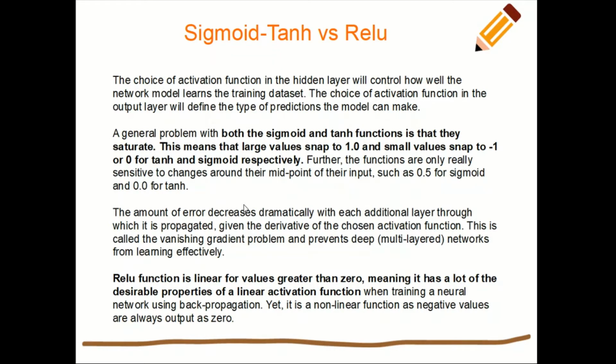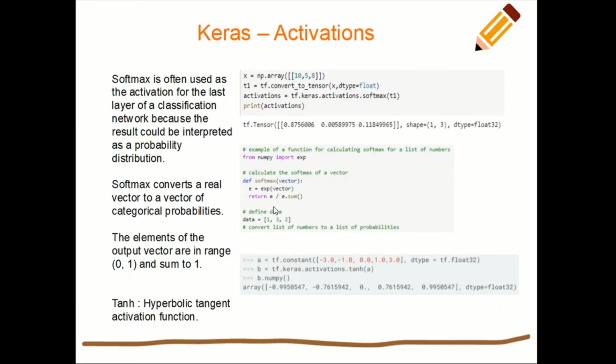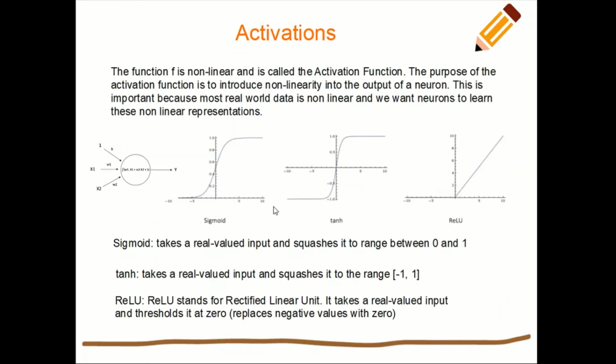Now coming back to the issues with the sigmoid and the tanh. One of the problems that we saw was that both of these functions, sigmoid and tanh, saturate. What it means is that when we are near this region, even if we change the input, there is not going to be a substantial change in the output. It is the same case for tanh also.